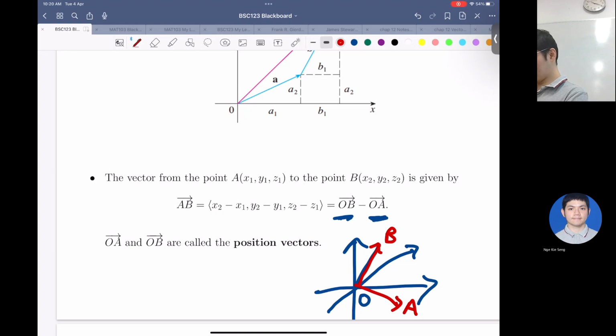I think B to A. Oh, okay, you want A minus B, right? So this is B minus A, and A minus B is equal to minus (B minus A). Or you want... wait, let me think.